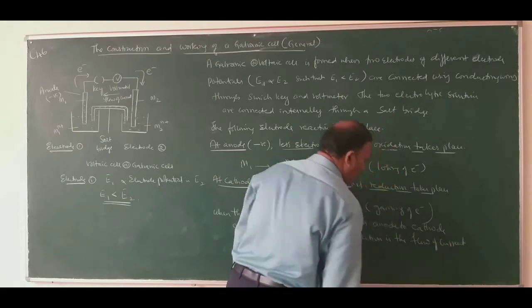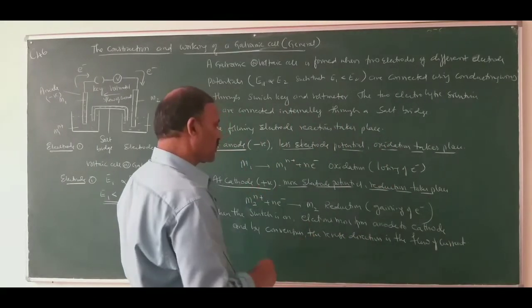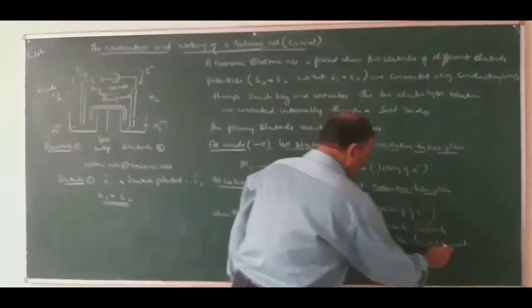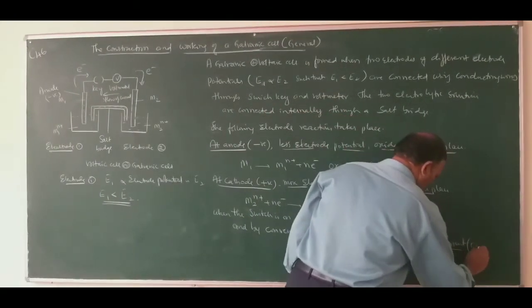So electrons move from anode to cathode and current moves from cathode to anode.